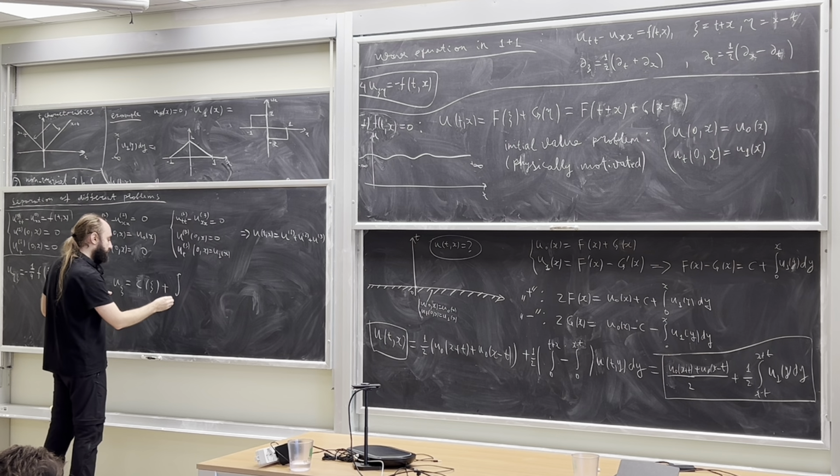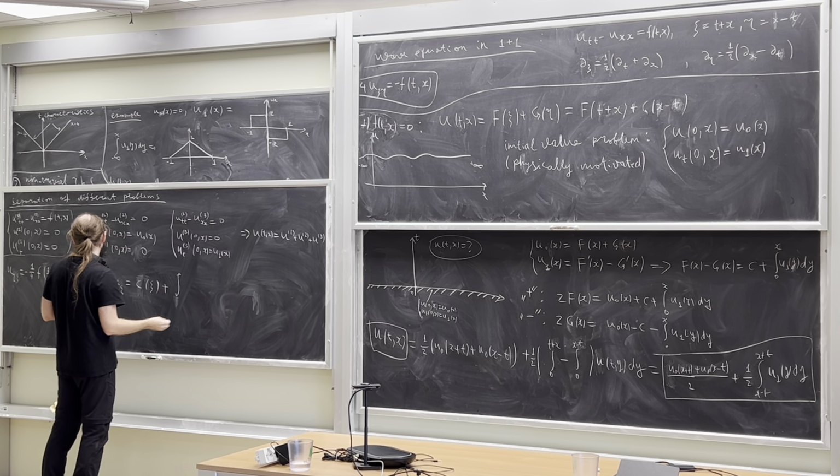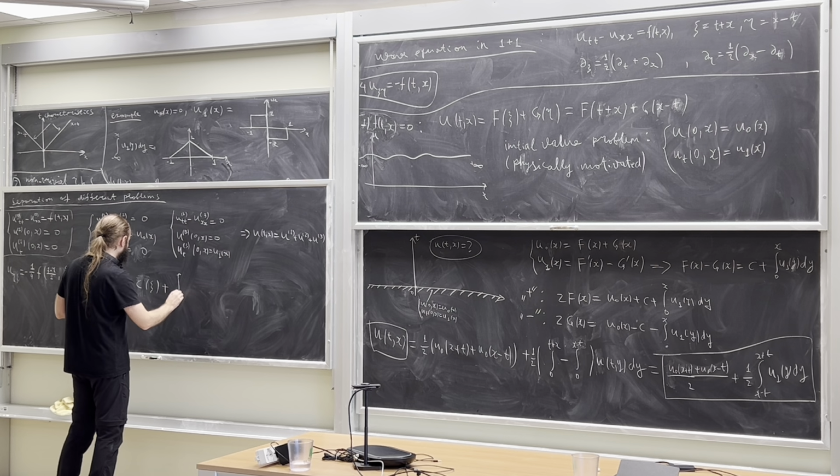Let us write some eta 0 of xi, minus 1/4 f d eta prime.